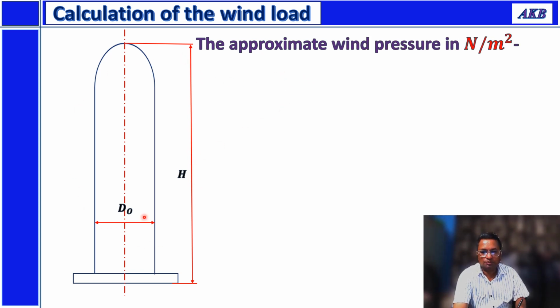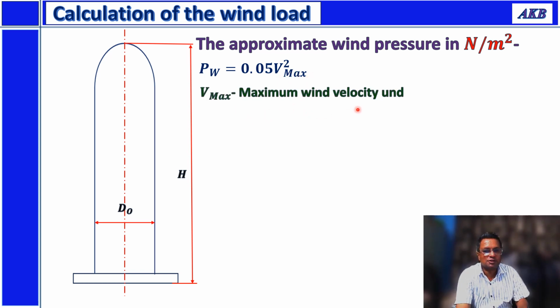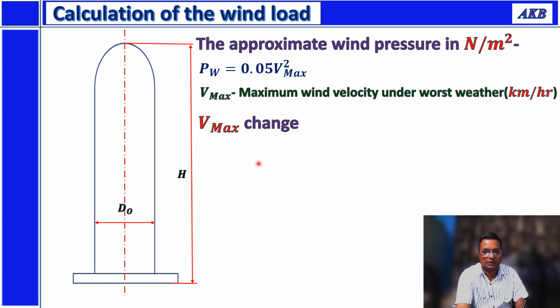For such a column with diameter DO and height H, the approximate wind pressure in Newton per meter square is given by this empirical equation: Pw is equal to 0.05 Vmax square, where Vmax is the maximum wind velocity under worst weather conditions in that particular area, measured in kilometers per hour. This equation gives wind pressure in Newton per meter square.